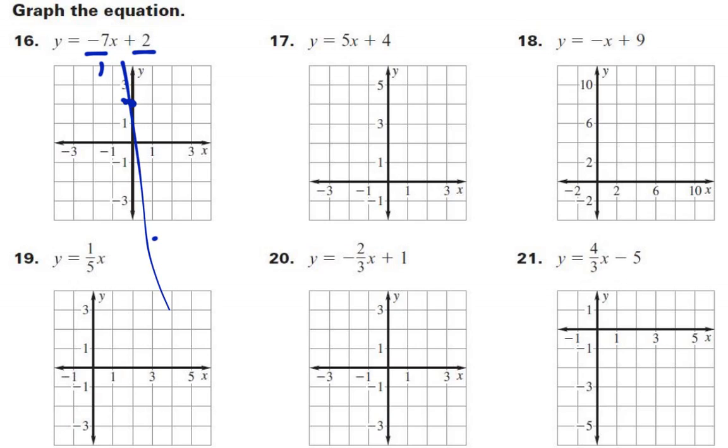Let's try the next one. Slope is 5, which is really 5 over 1. So rise is 5, run is 1. And the beginning point, or the y-intercept, is 4. So here is where we would begin. I would go up 5 units and over 1 unit. Well, that's off my graph too, but what is on my graph is down 5 units and left 1 unit, which would make it negative 5 and negative 1.